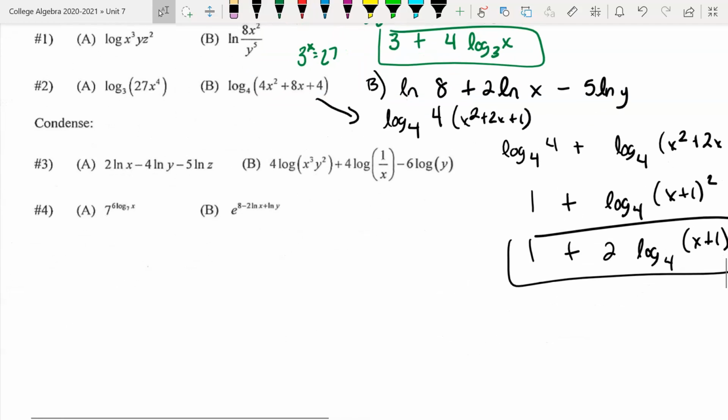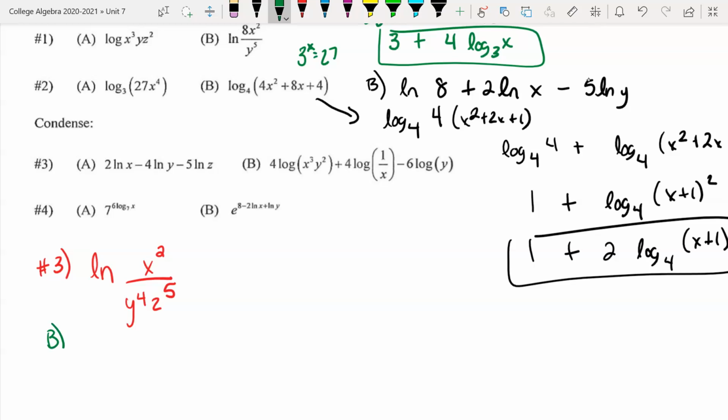All right, so now we're going to take something that's been expanded and condense it. So number 3, right here, we're going to say the natural log of x squared divided by y to the 4th, z to the 5th.